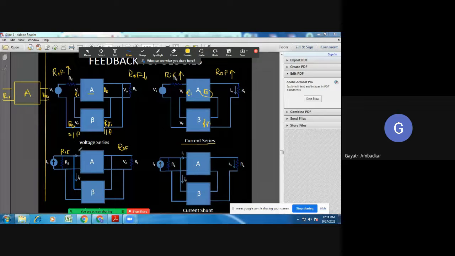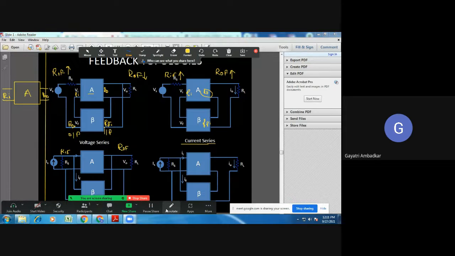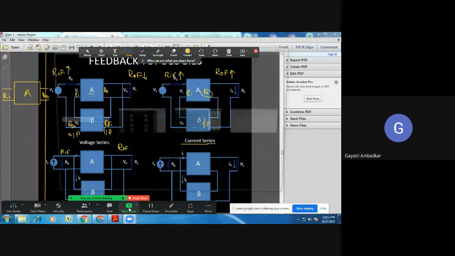So when you see any configuration, whether it's voltage shunt or voltage series, current shunt or current series, you will immediately know what to write about the resistance, output resistance with feedback or without feedback. So you simply remember how to write the name of the amplifier. I told you, whenever you are writing the name of an amplifier, what shall be the terminology? What I told you, how to remember this?